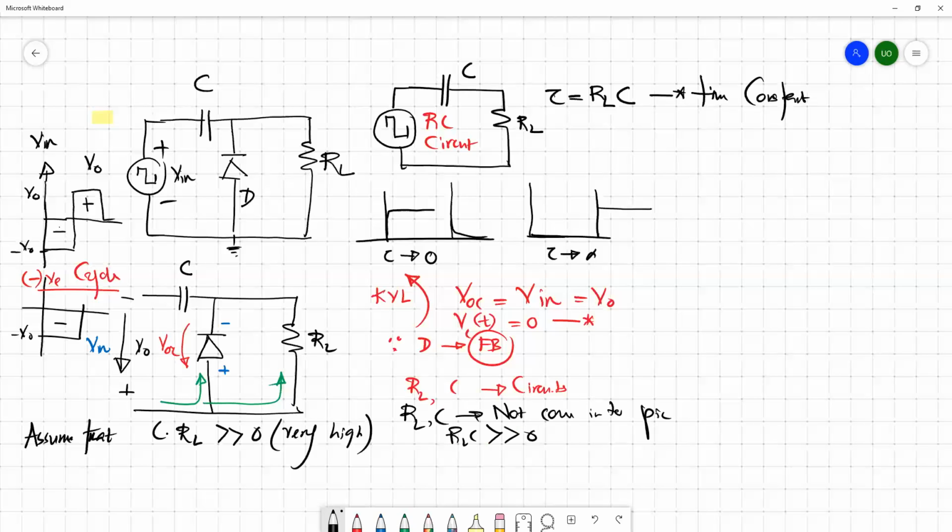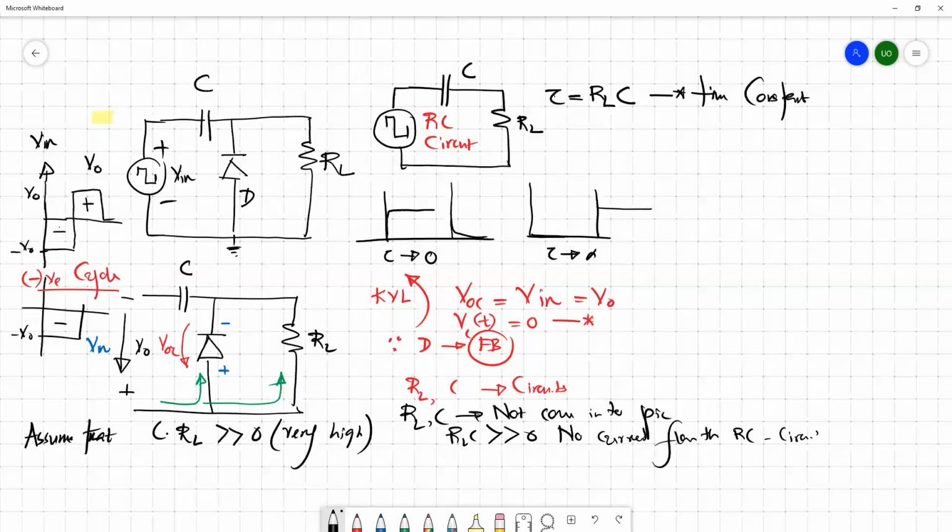So no current flows through the RC circuit due to this high time constant. So this capacitor never charges through this RC circuit.